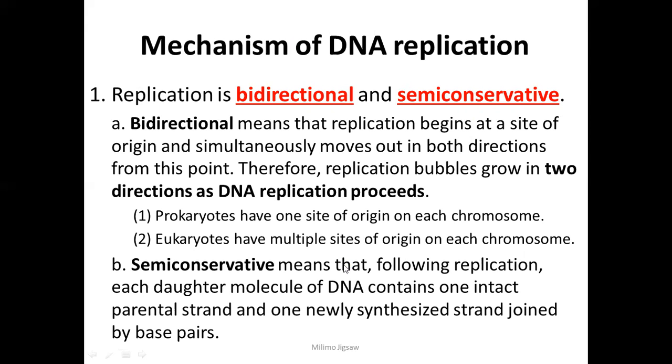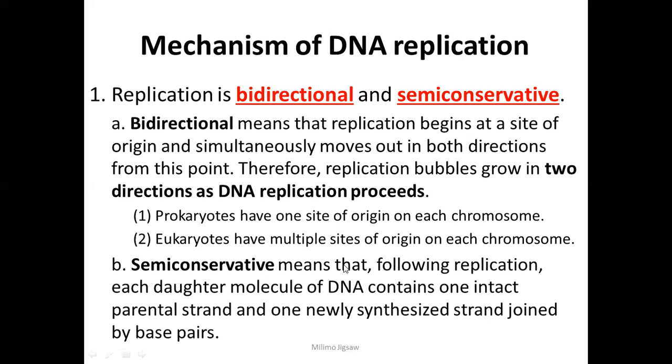So remember, one strand of DNA is joined to the other strand by base pairs. Guanine will form hydrogen bonds with cytosine, 3 hydrogen bonds. And then we have adenine and thymine forming 2 hydrogen bonds. So adenine on one strand and thymine on another strand form those bonds. So DNA is semi-conservative.